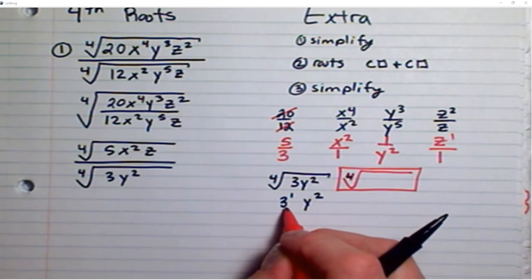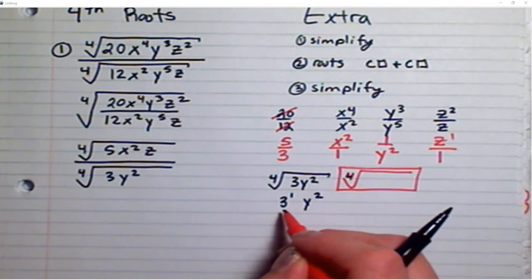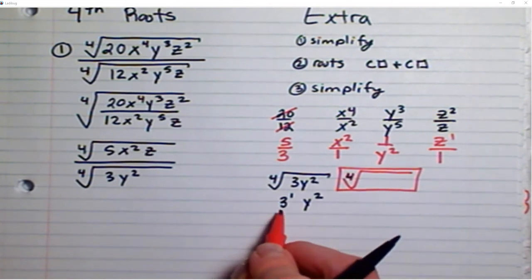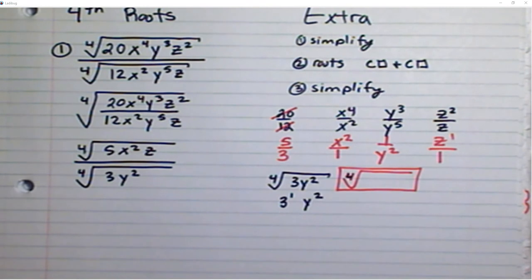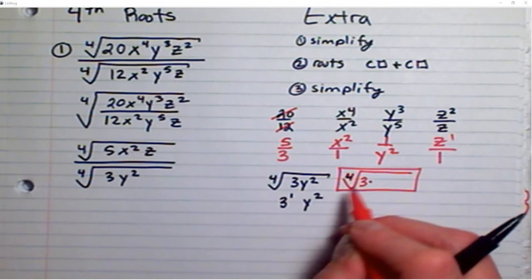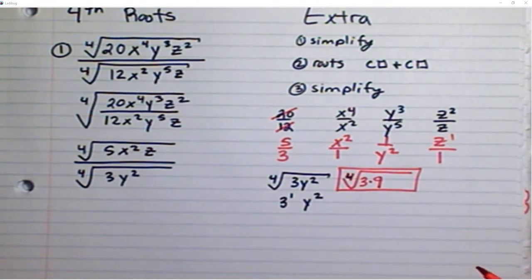Okay, so over here, this is 3 to the first, and this is y squared. And so I know that for the perfect fourth, I need 4 of a kind, which means I'm going to need 2 9s because 9 is the perfect square that goes with 3, which means I'm going to need a 3, right, to get the perfect square. And I'm going to need a 9 so that I actually have 4 of them.